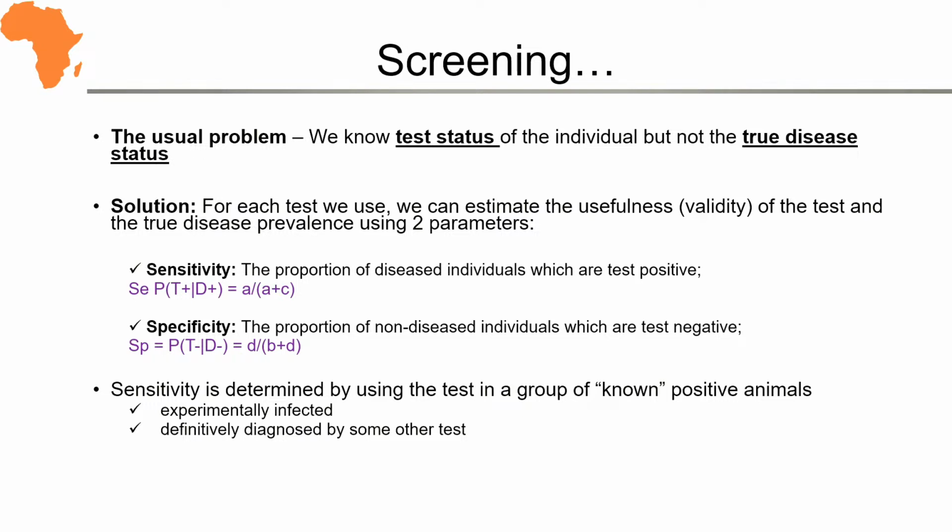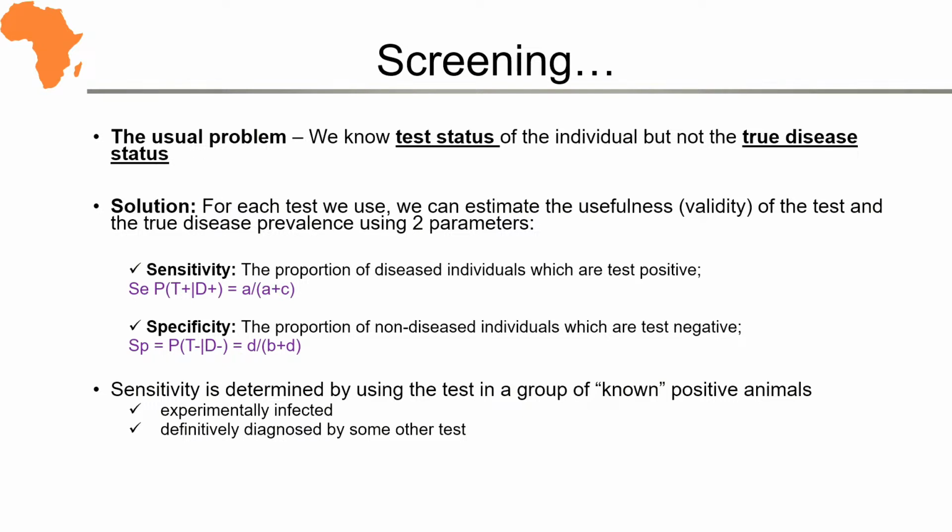A malaria strip, as Yvonne was putting it, will tell us George has malaria, right? But in actual sense, does he actually have malaria or is it having a cross reaction with something else? So the probability of a test positive given disease positive is sensitivity.